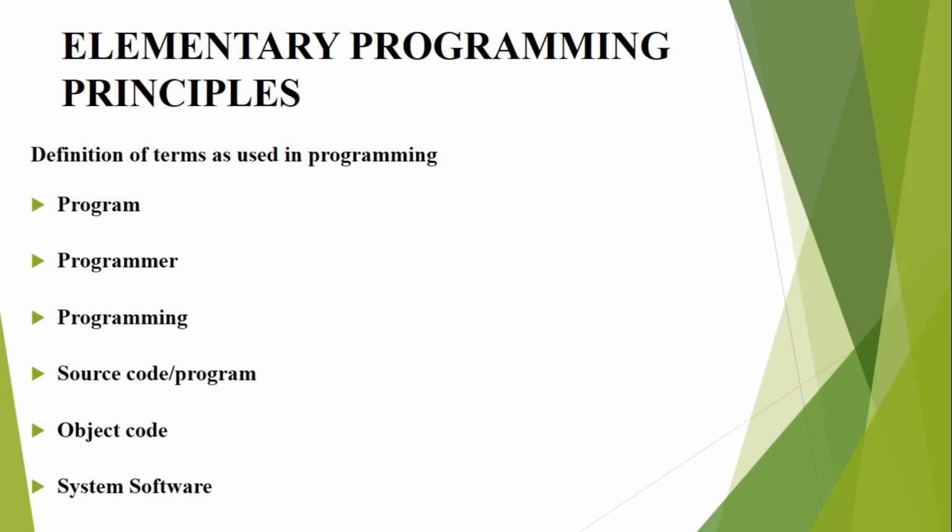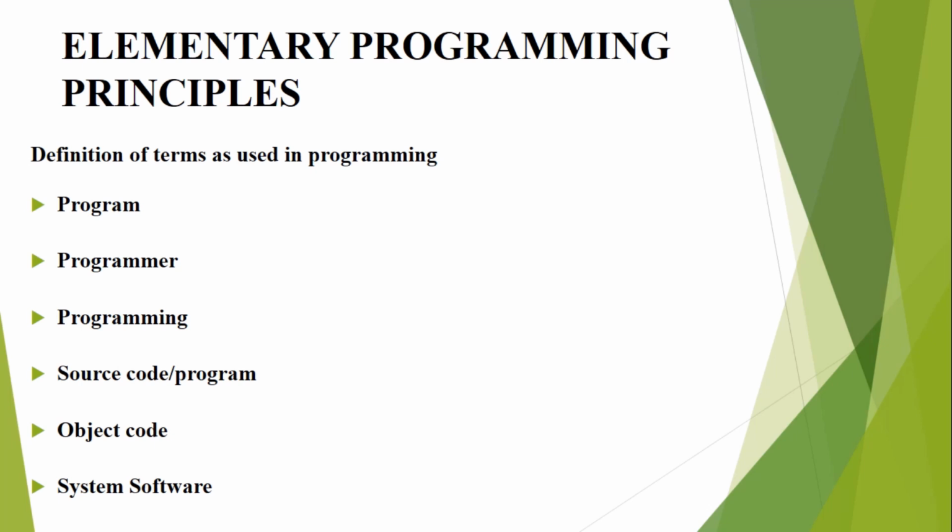The next term is a programmer, and the programmer is a person who writes a computer program. In this case this person should be conversant with a particular programming language and use that programming language to write a computer program.